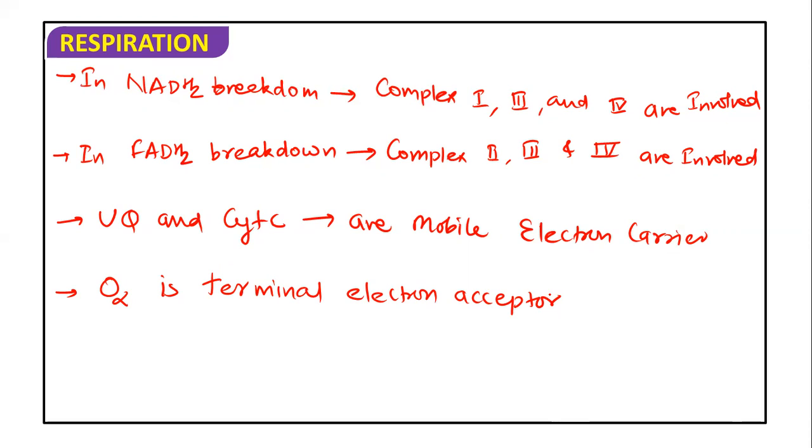It removes hydrogen from the system, from the mitochondrial matrix to the perimitochondrial space, and it is also known that oxygen is the terminal electron acceptor as well as the final hydrogen acceptor from the mitochondrial matrix. Okay, so this way the process takes place.